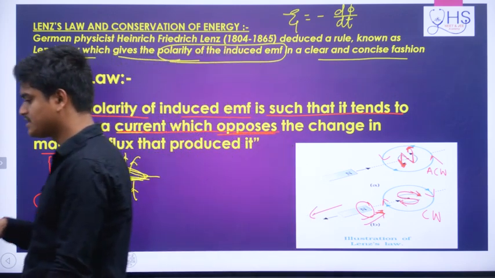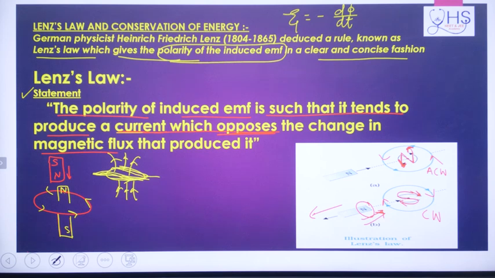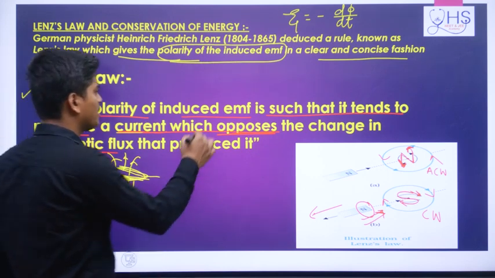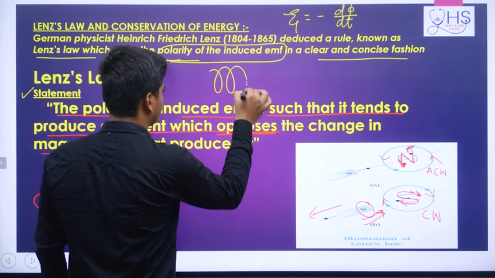Like this you have to understand the applications of Lenz's law for MCQ questions. And another thing, try to understand: Lenz's law is in accordance with the conservation of energy. Why is it like that? Because suppose a coil is there.